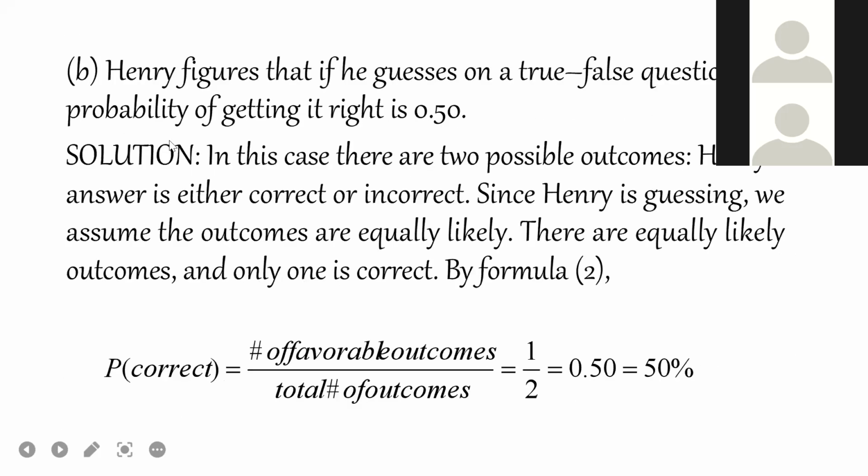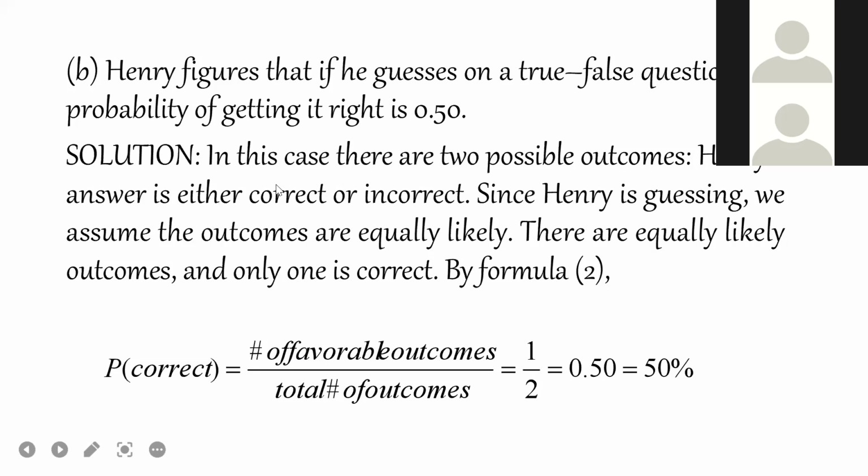Next. Henry figures that, ito naman ay bigay ko din, if he guesses on a true-false question, the probability of getting it right is 0.50. So we use the third assignment: the number of favorable outcomes over the total number of outcomes, which is 1/2 or 0.50, or that is equal to 50%. In this case, there are two possible outcomes.